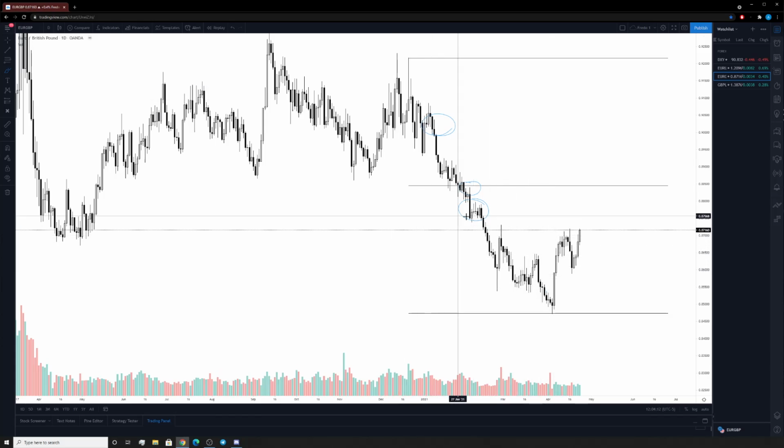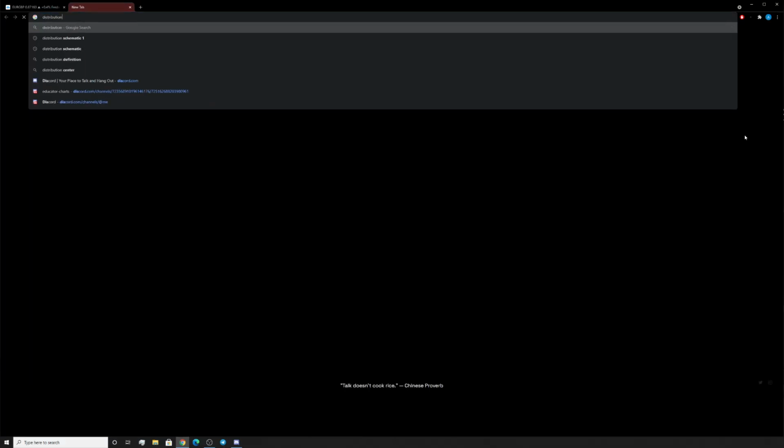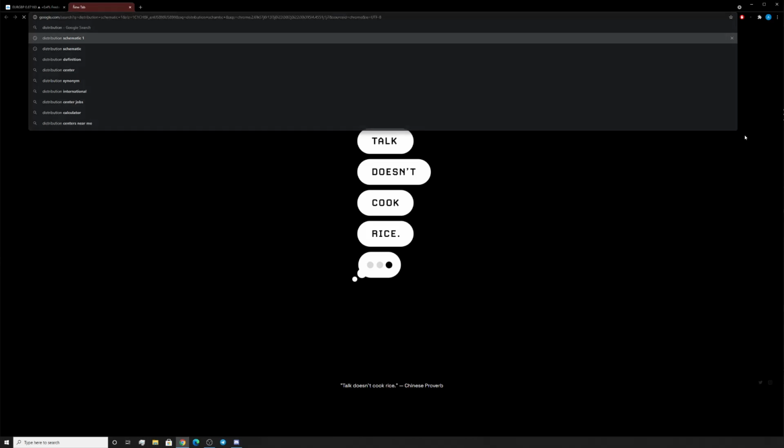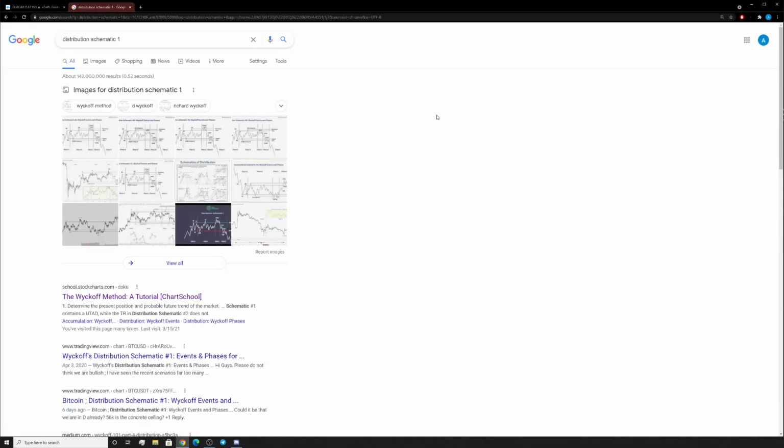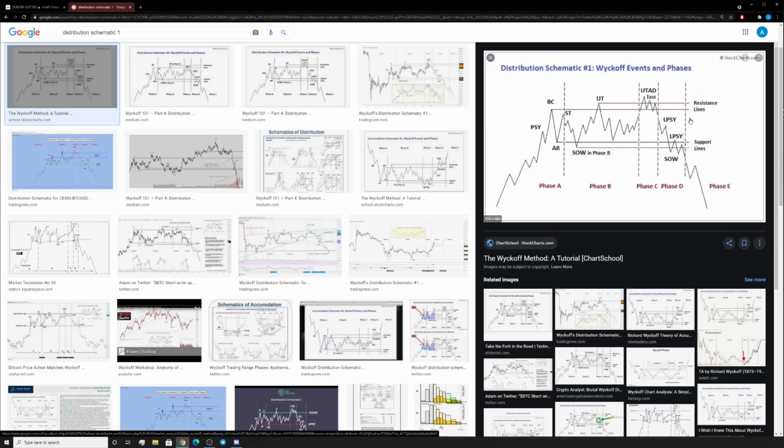Okay, so the reason why I don't expect this so much is just looking at a distribution schematic, thinking logic, thinking theory, right? I could be completely wrong, keep in mind that. But for the most part, you don't get deep retracements because of what has already happened. It's about building the case.